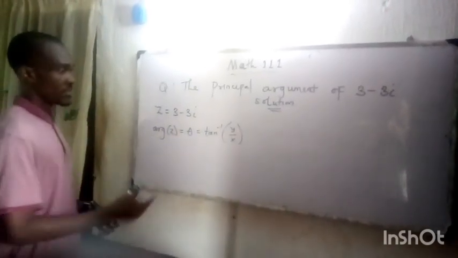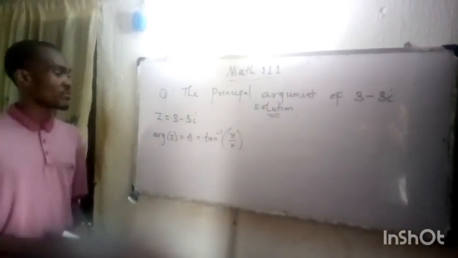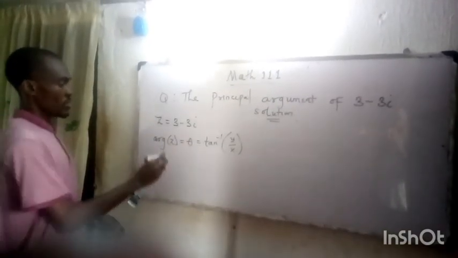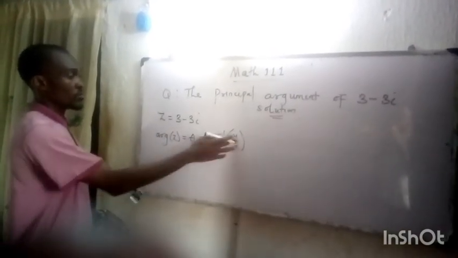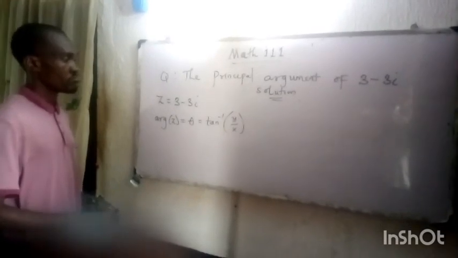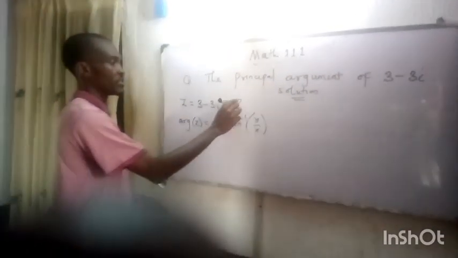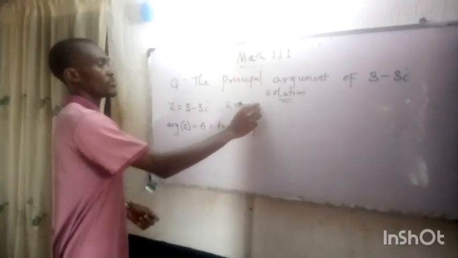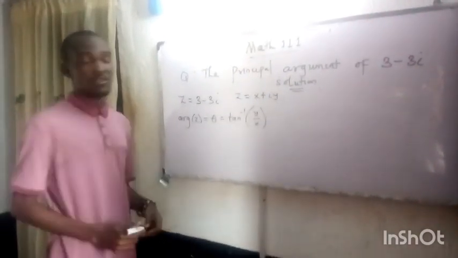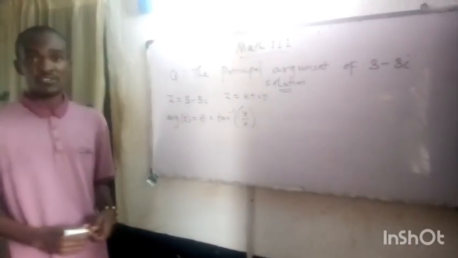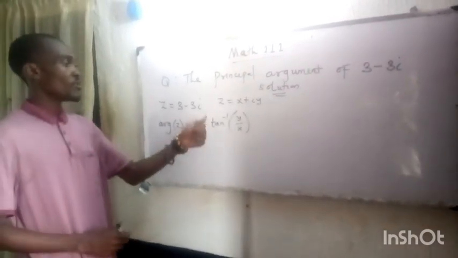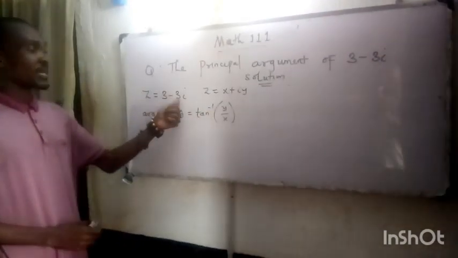So this is our argument for the complex number. So if we make a comparison with this particular representation, x plus iy, which is the rectangular representation of a complex number, we see that the value of y is actually minus what?